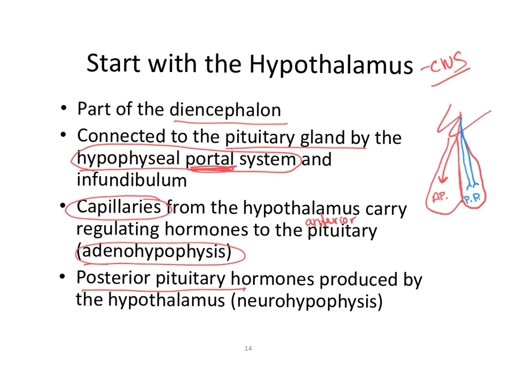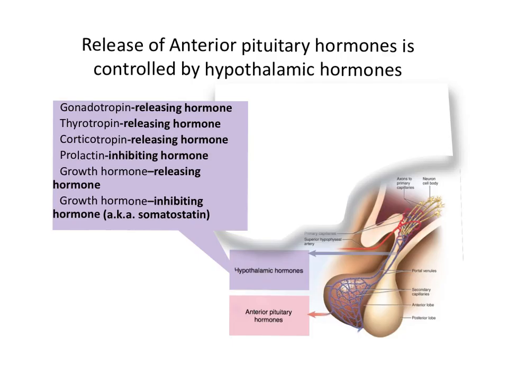Right? What kind of signals, you say? Well, I'm so glad you asked. So, the posterior pituitary is going to make a whole bunch of its own hormones, but it holds on to them. It holds on to them until it gets a message from the hypothalamus here.